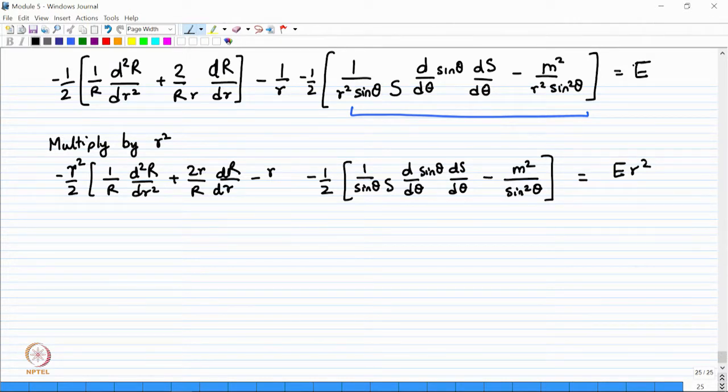So the right hand side only depends on r. Left hand side has one term that depends only on r, second term that depends only on theta. So this has to be a constant.